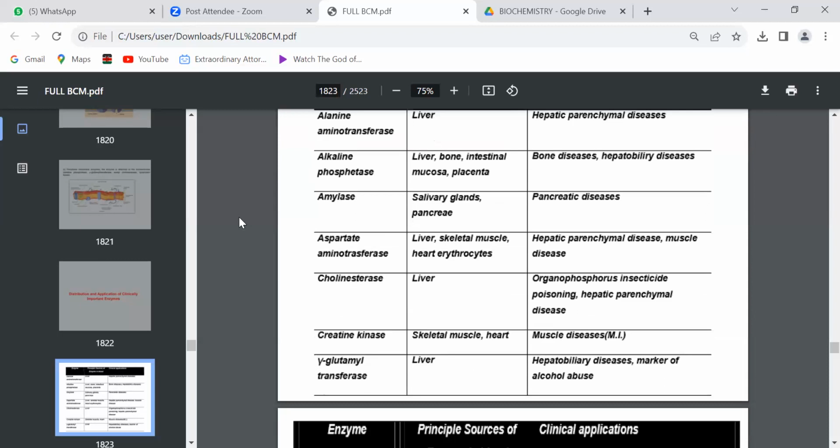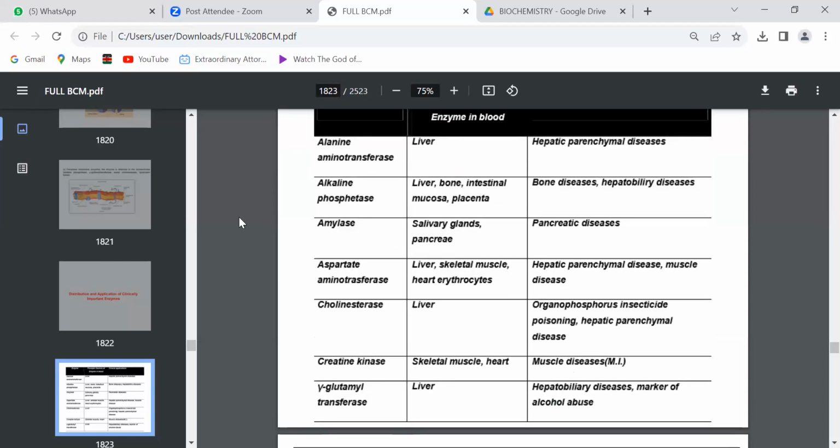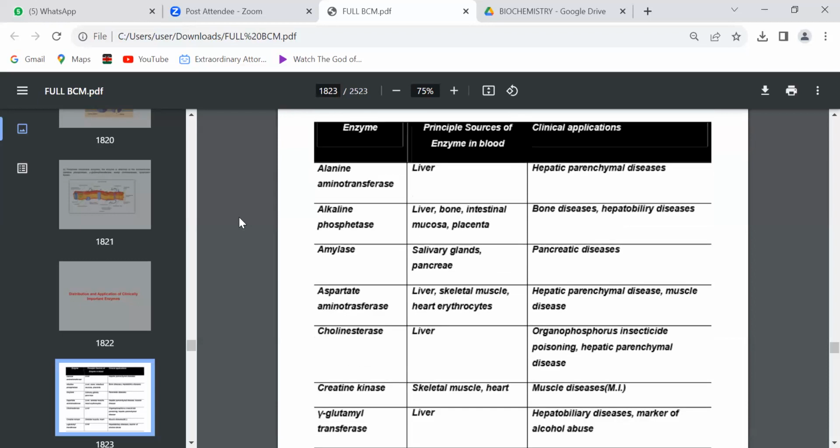Anyway, yeah. So now these are the enzymes. You can measure the level of these enzymes in plasma and then see. For example, alkaline phosphatase is in the liver, in bone, in the intestinal mucosa, in the placenta.